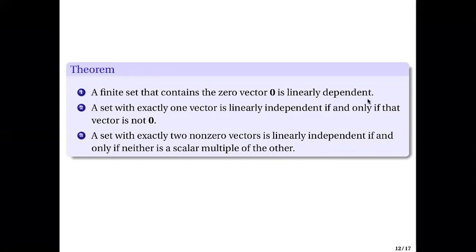So if you have a finite set and you put the zero vector in that, then that set will become linearly dependent. A set with exactly one vector is linearly independent if and only if that vector is not the zero vector. So if you only have one vector in the set and that's not the zero vector, then that's definitely linearly independent.